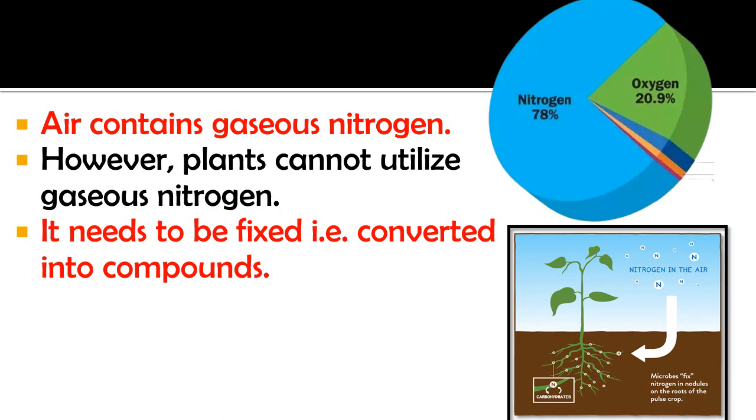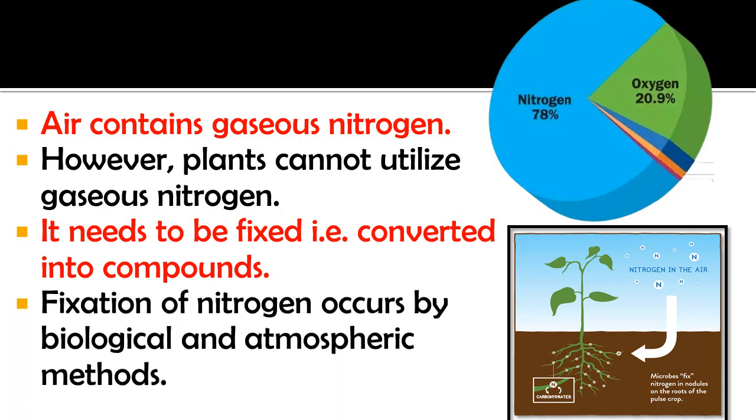That means the microorganisms present in the soil help plants convert gaseous nitrogen into compounds like nitrates or nitrous oxide. Fixation of nitrogen occurs by biological and atmospheric methods.